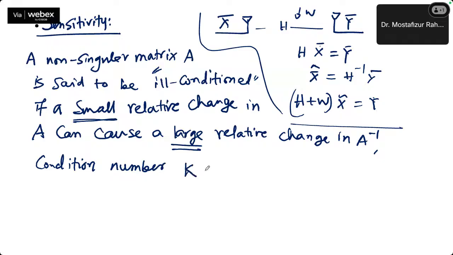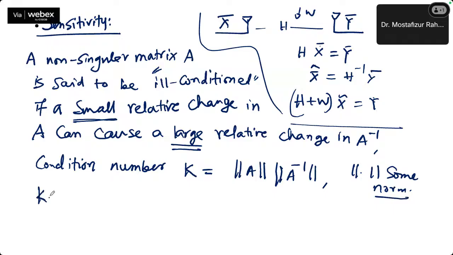Condition number, denoted by K, equals norm A times norm A inverse. Now you can ask me which norm shall I choose? You can take one norm, you can take two norm. Depending on the application, people prefer which norm they should take, whether it's a communication application, a control system application, or a chemistry application. So it's some matrix norm.